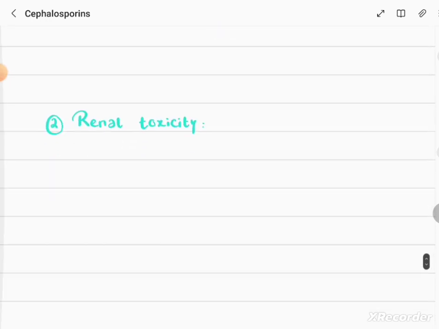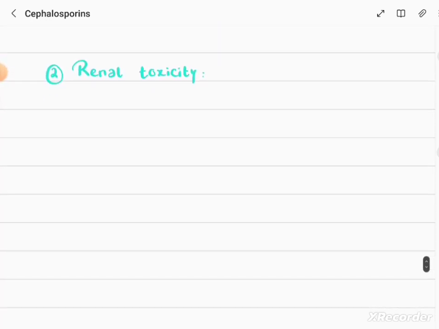Apart from allergy, cephalosporins can cause renal toxicity, and there was one cephalosporin that was withdrawn from the market because of this potential toxicity. So they can cause interstitial nephritis, and they may cause renal tubular necrosis.